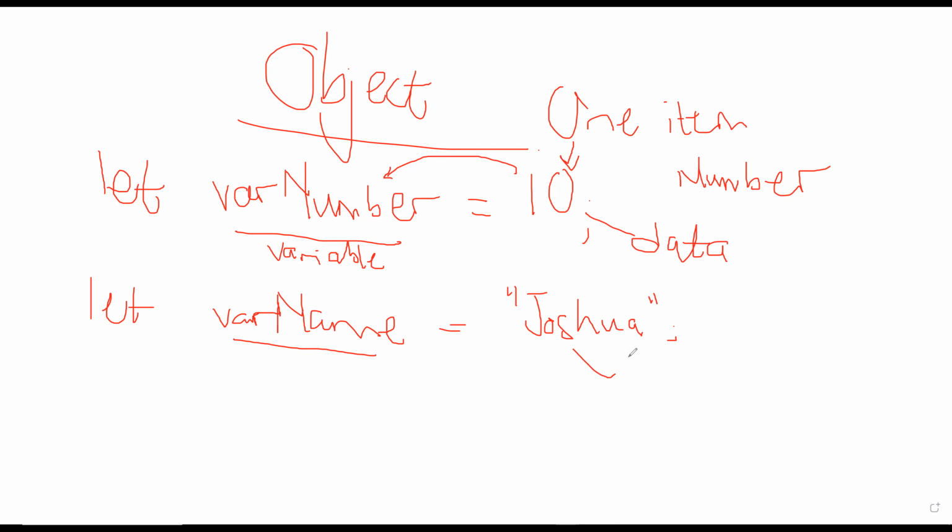This is also a data. This is also a variable. And is also one item. What type of data? Is a string.